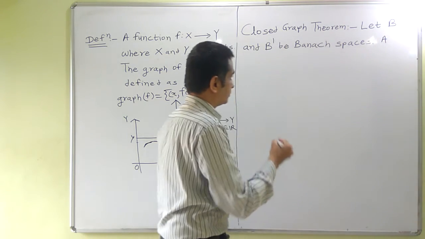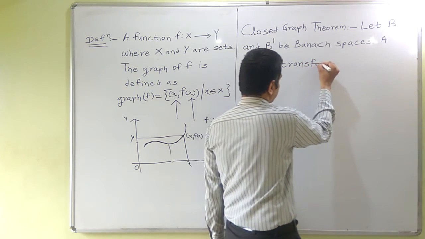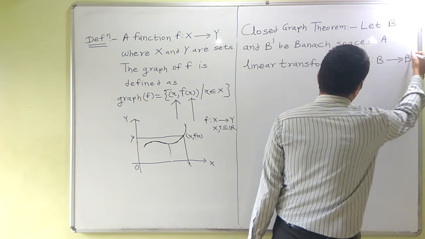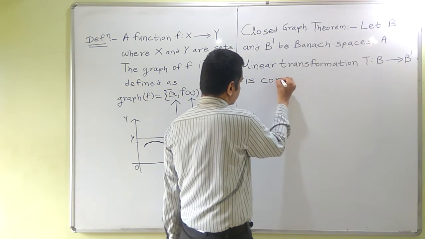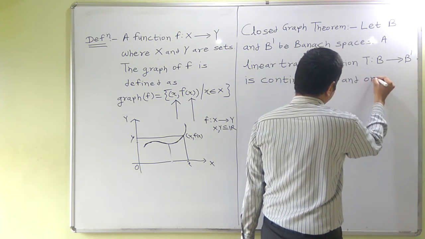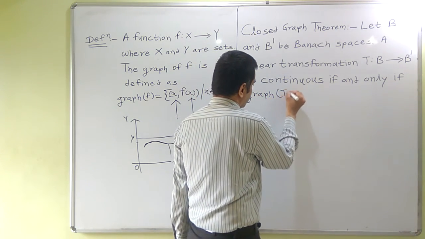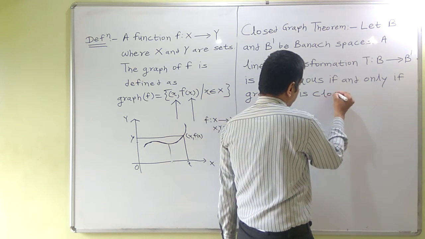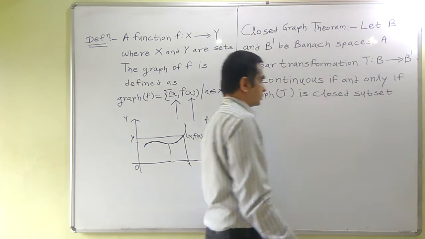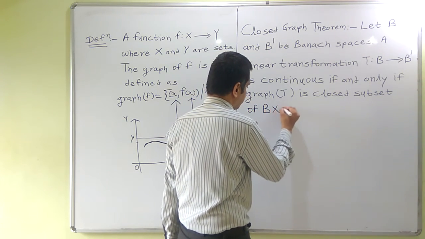A linear transformation T from B to B dash is continuous if and only if the graph of T is a closed subset, or you may say closed linear subspace, of the product metric space B cross B dash.